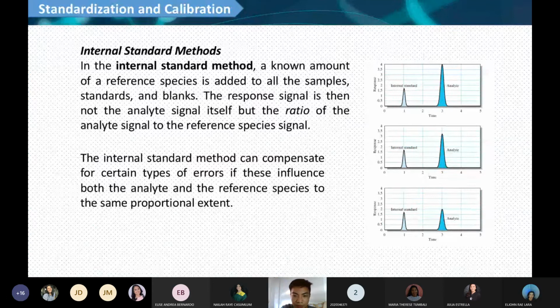No? Iko-compare nyo yung response sa graph. So that's external standard. Ang internal standard naman, you will have your known sample, lalagay mo siya sa inyong sample and then you will compare the reading. Kung ano yung excess, yun yung concentration ng hinahanap niya.